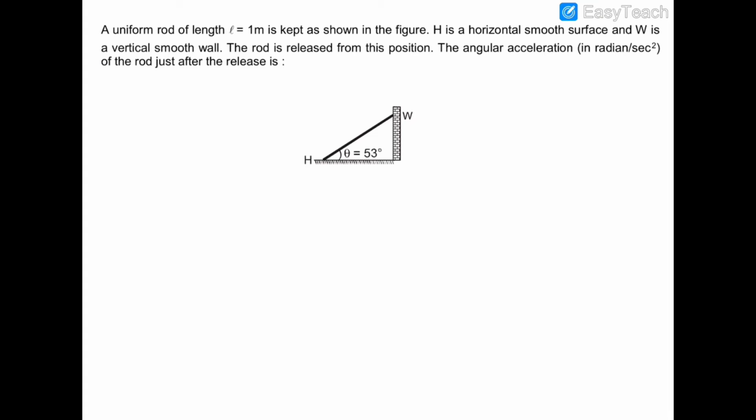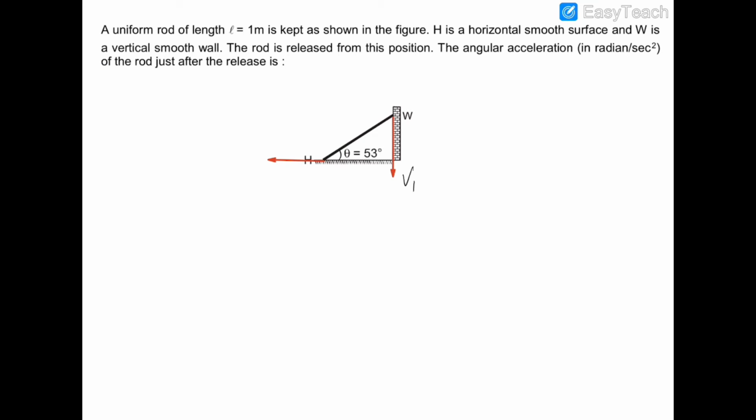So to solve this question, let us use the method of instantaneous axis of rotation. So we know that the velocity of this end of the rod, while it would be slipping, would be in downward direction, and the velocity of this end would be in forward direction.